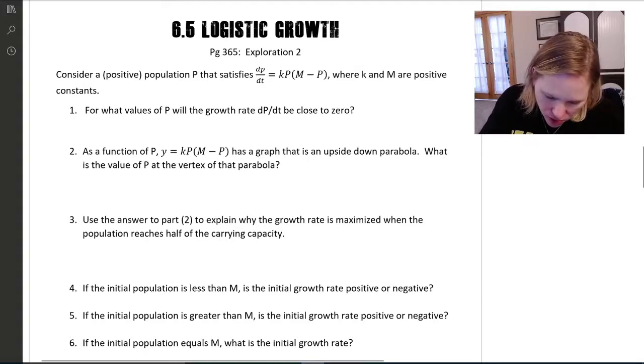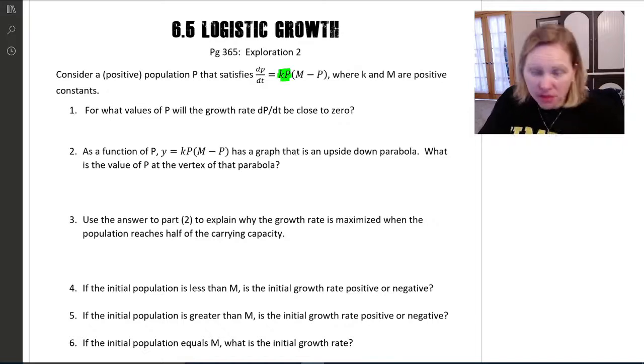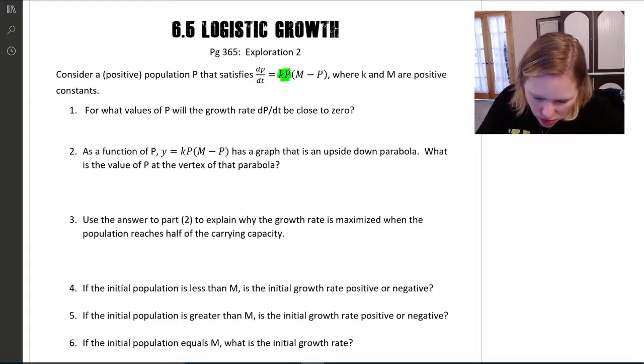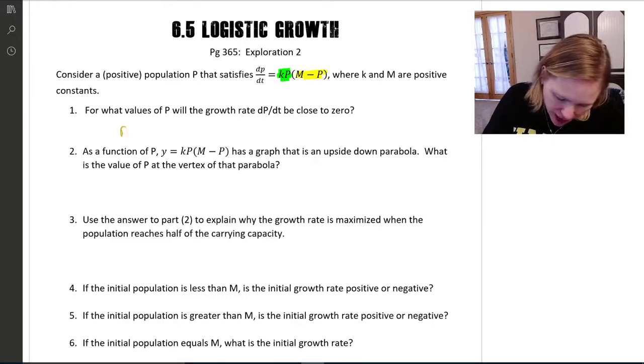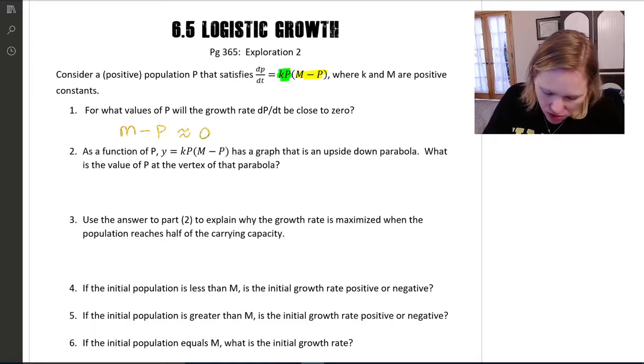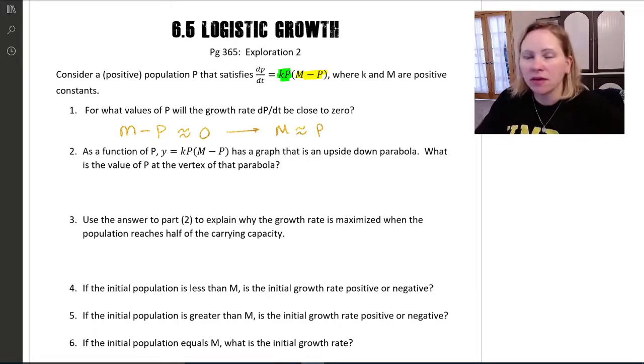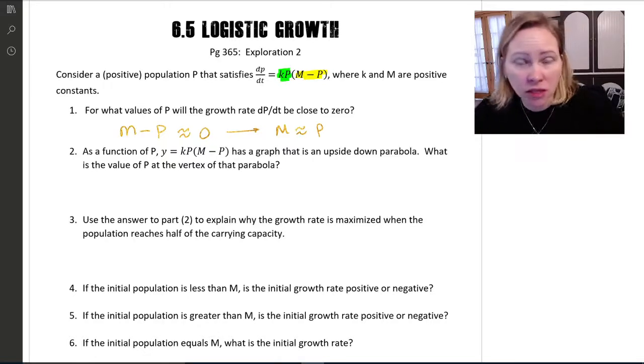We're going to be 0 when either P is 0, so when the population is 0, or when M minus P equals 0. When M minus P gets close to 0, M has to be approximately the same as P. So when the actual population approaches the carrying capacity, the growth rate goes to 0.